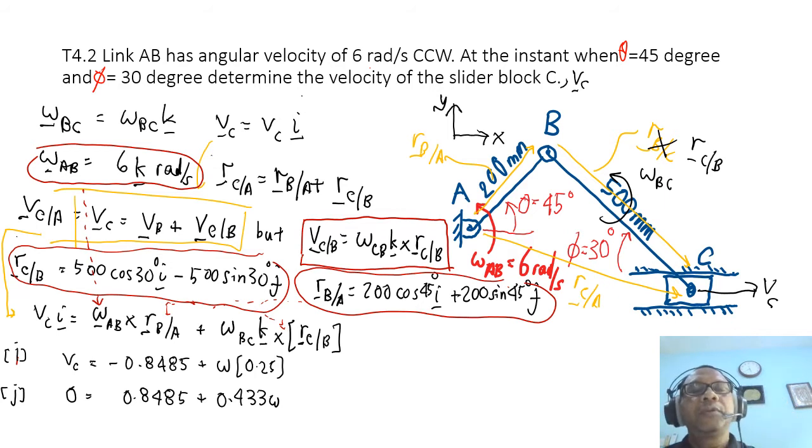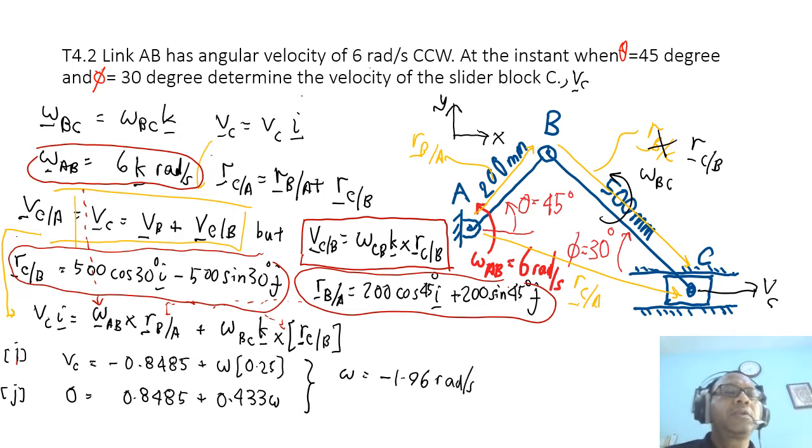From this both, you will get the answer that you want. Omega equals minus 1.96 radian per second. This is for the omega BC. And VC will get 1.34 meter per second.